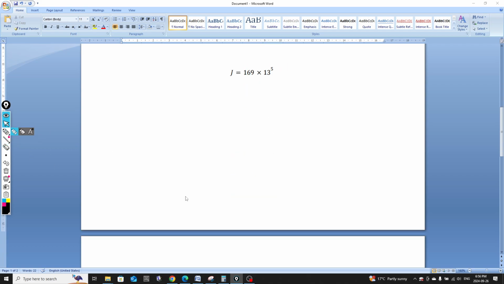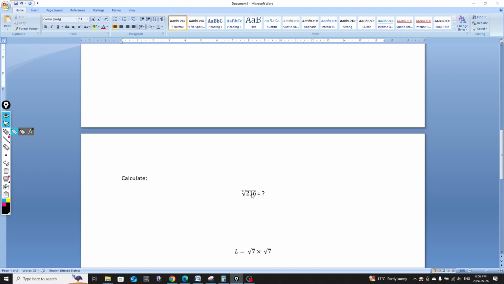Now we're being asked to calculate this one. Maybe you have memorized your list of perfect cubes. Remember, I gave you a list of the first 10 perfect cubes: 1 to the power of 3, 2 to the power of 3, 3 to the power of 3, and so on.